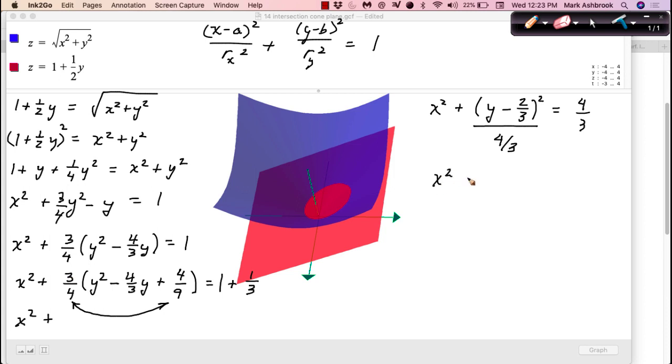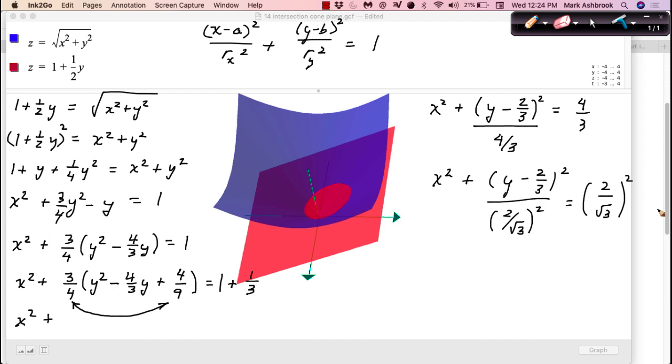Are we still good? So what is that squared? So 1 minus 2/3 squared, what's squared? 2 over radical 3. And what is this squared? 2 over radical 3. So I think we've got our ellipse now, or elliptical cylinder, right?